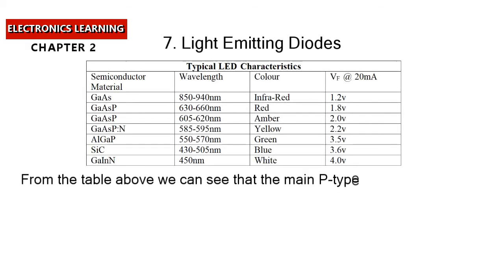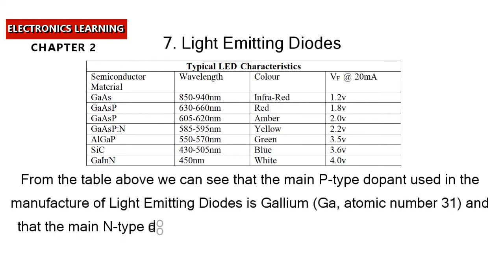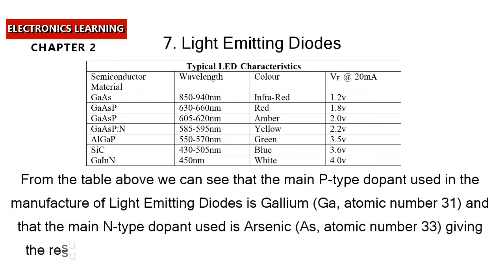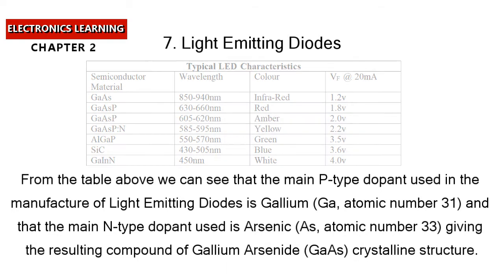From the table above, we can see that the main p-type dopant used in the manufacture of light-emitting diodes is gallium, and that the main n-type dopant used is arsenic, giving the resulting compound of gallium arsenide crystalline structure.